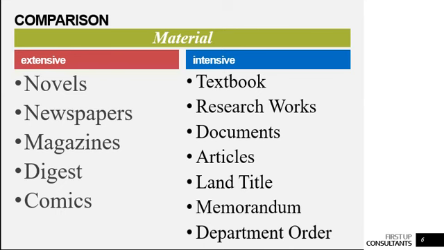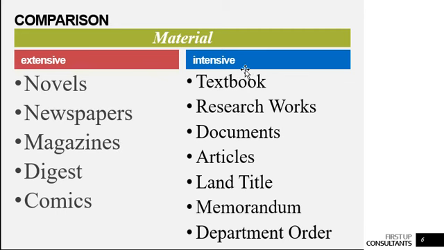What about the material that you need to use for intensive and extensive reading? So here I have a list of materials which you could use for extensive reading. Example of that is novel, newspaper, magazines, digest, and comics.